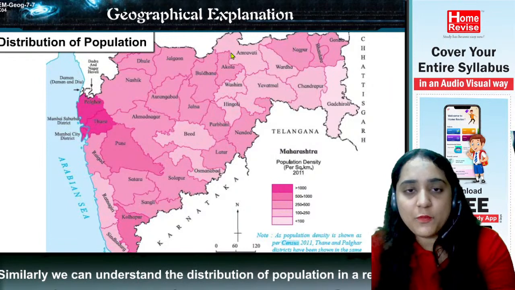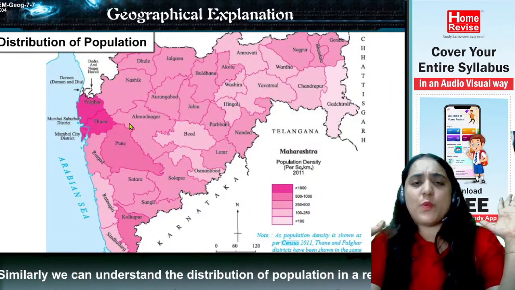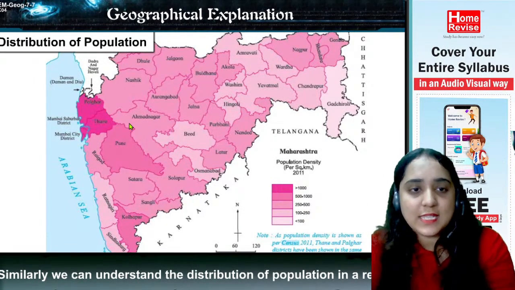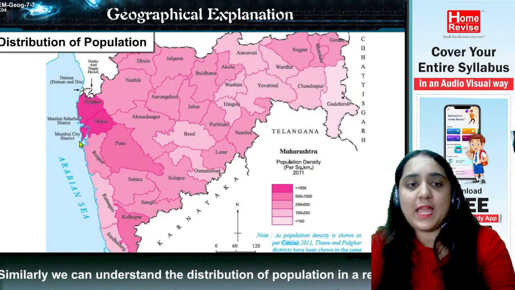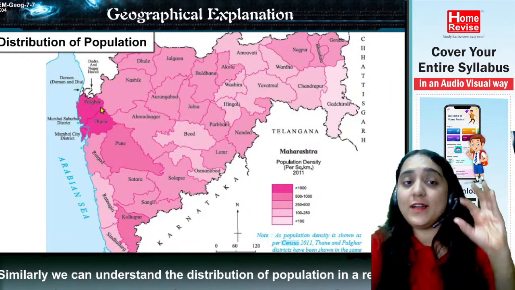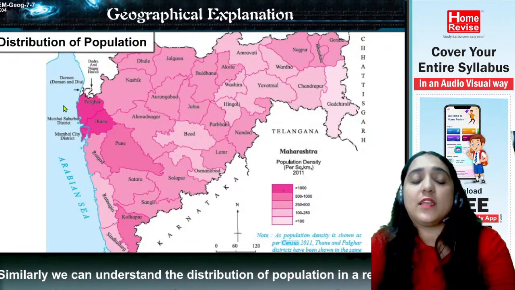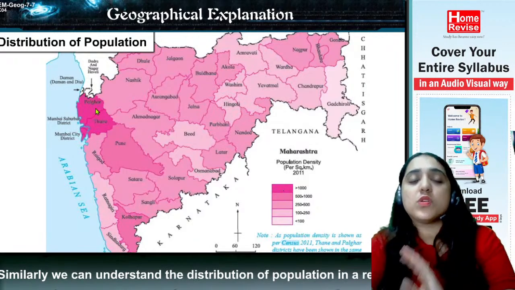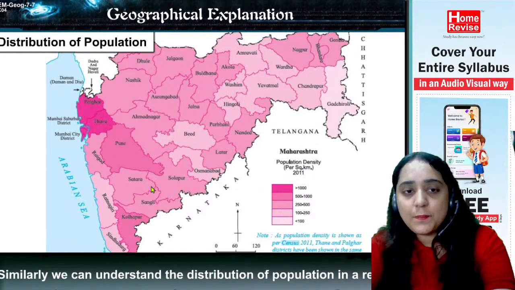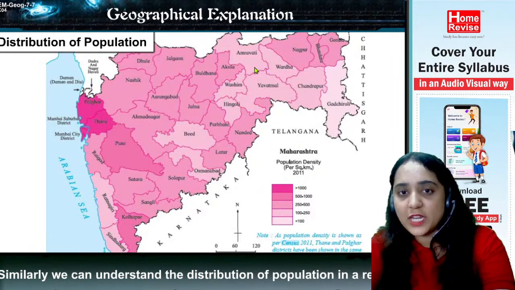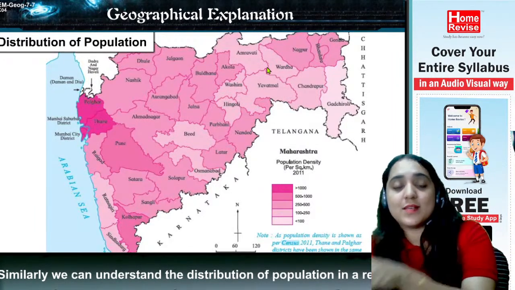So can you tell me where the population is dense, where there is very much of population? See here in this Mumbai, Thane and Palghar, this place here you have a full dark shade. Fine, so the dark shade indicates that here it is a majority, most of the population, and the places where you have the lighter shade indicates that the population is less.